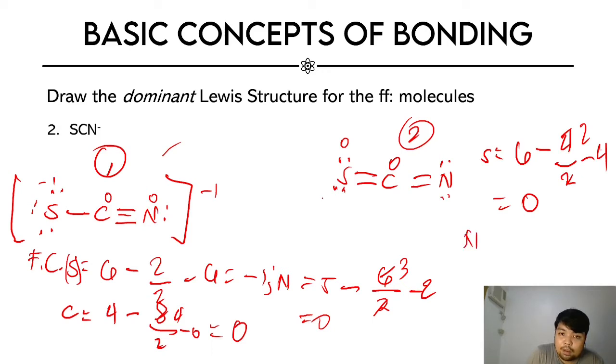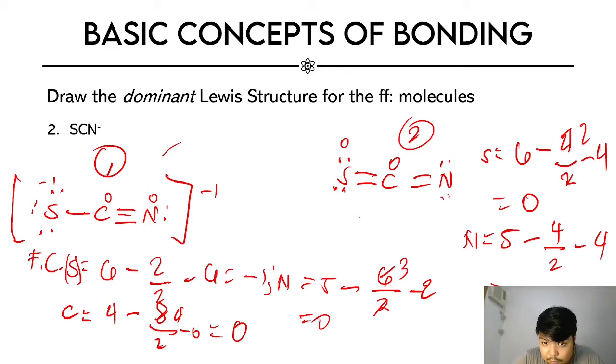Nitrogen, we'll calculate the formal charge of nitrogen, which has 5 valence electrons, minus how many bonding electrons it has, also 4, divided by 2, and it will also have 1, 2, 3, 4 non-bonding electrons. So 4 divided by 2 is 2.